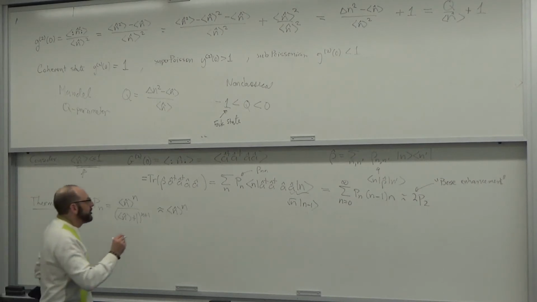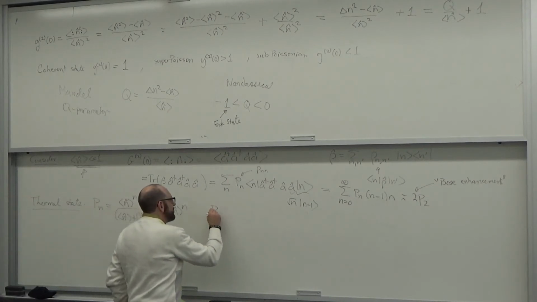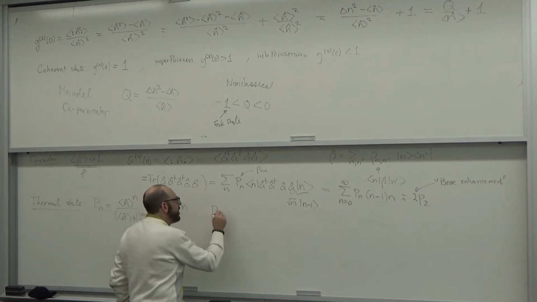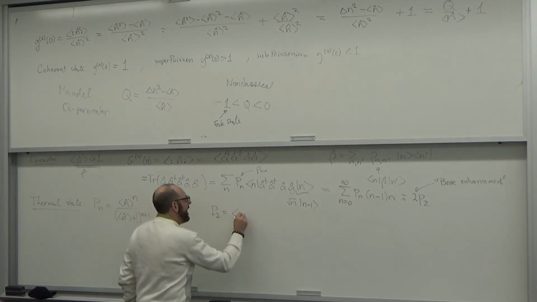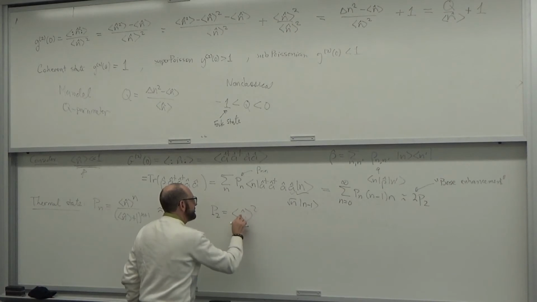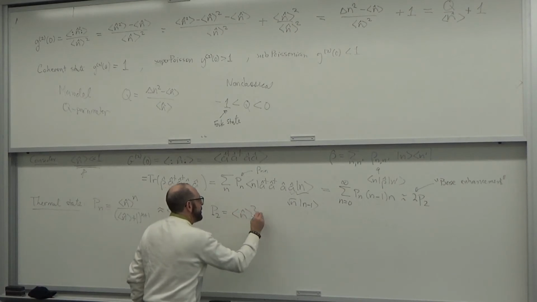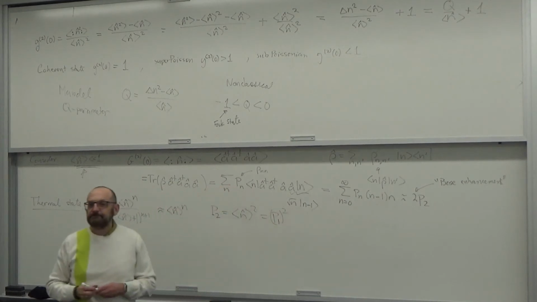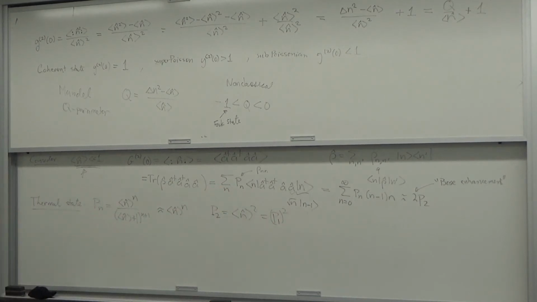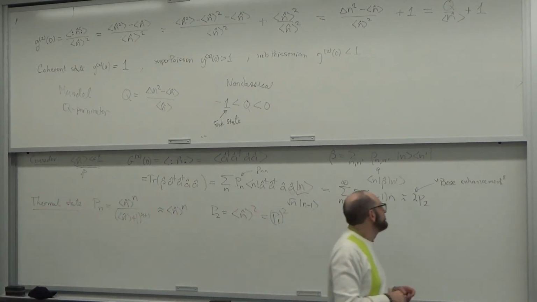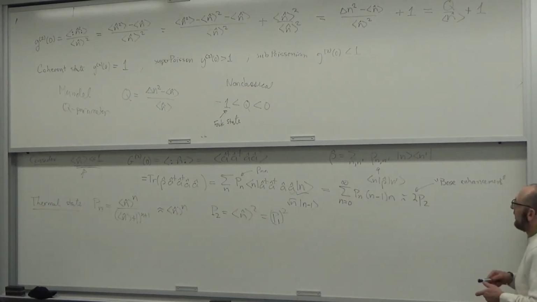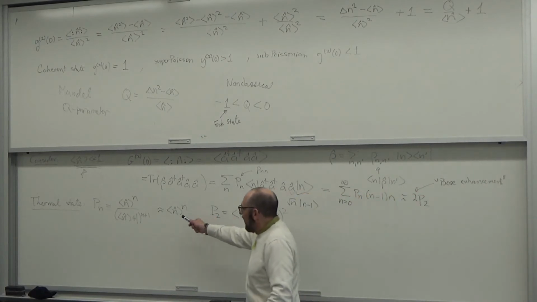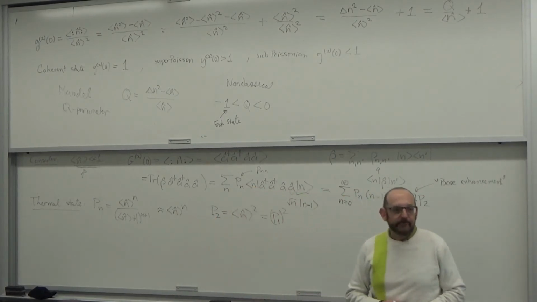So the probability of there being two photons in the mode is equal to the mean n to the power 2, which is equal to that, because the probability of there being 1 is the mean n, right, for n small.